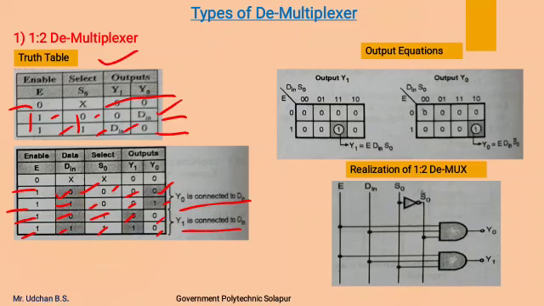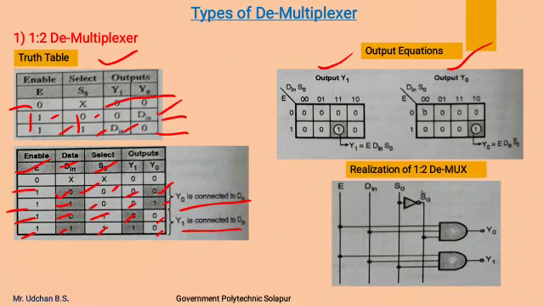Here the enable input, data input and select input are the input lines. So in all there are 3 input lines, so a 3-variable K-map is used. y1 and y0 are the 2 output lines, so for each individual output a K-map is constructed. We already know how a 3-variable K-map can be used.